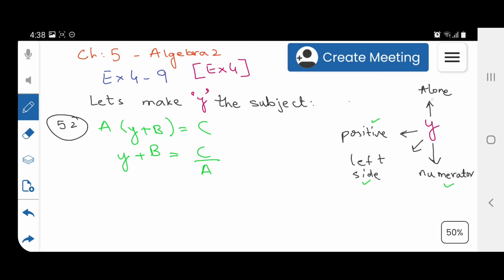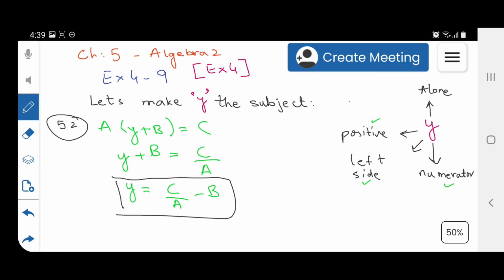Now again, it's positive, it's on the left side, it's the numerator, but not all alone. Here is a term that is plus b. So how can we take this plus b to the other side? We are just going to send it with the opposite operation. Here it is plus b, so we are going to make it minus b. So c over a minus b. Here we can say that y is now the subject of the formula.